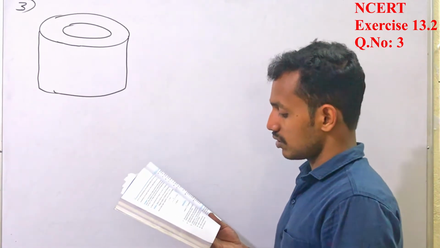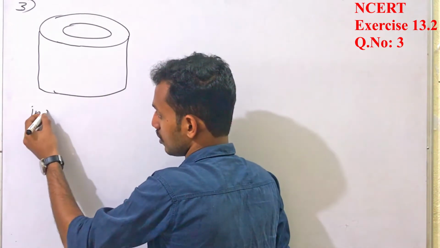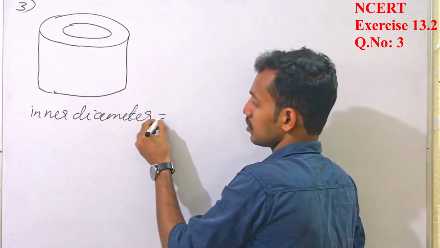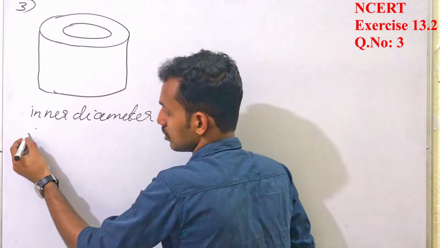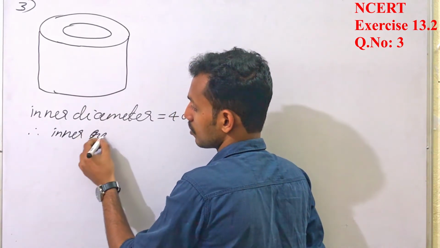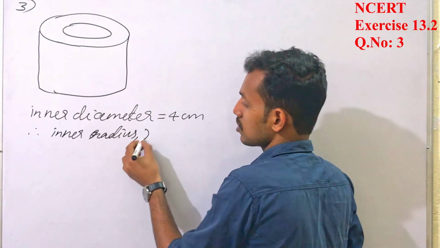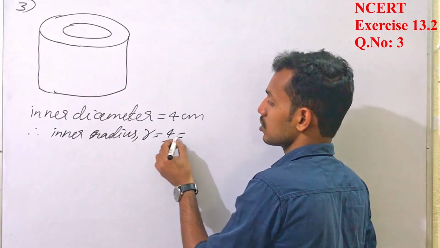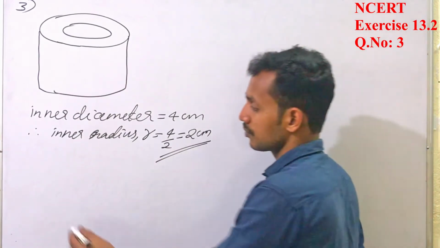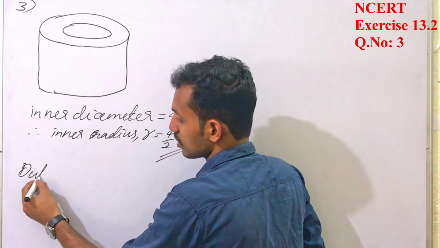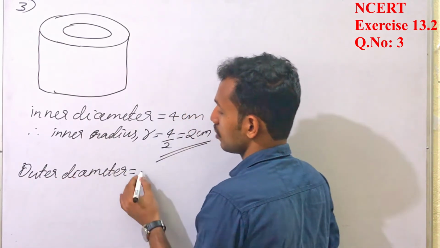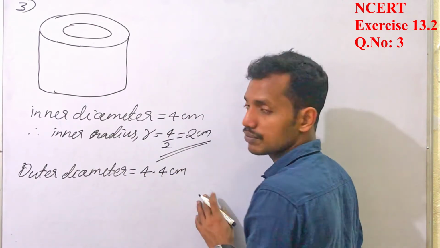Then inner diameter is 4 centimeter. Therefore, inner radius, small letter r is equal to 4 by 2, which is equal to 2 centimeter. Similarly, outer diameter is equal to 4.4 centimeter.